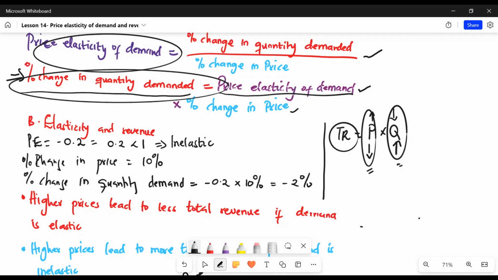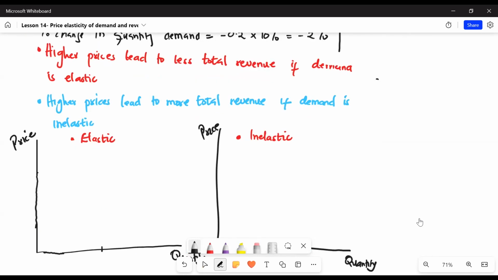But when demand is elastic, the percentage change in quantity is bigger than the percentage change in price. Now, what we can infer from this is higher prices lead to less total revenue if demand is elastic, and higher prices lead to more total revenue if demand is inelastic.